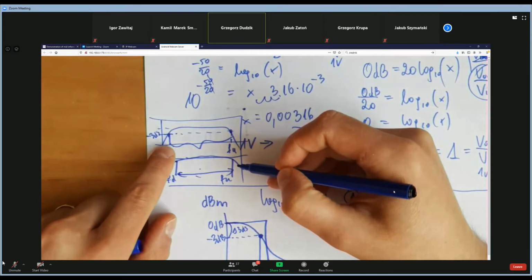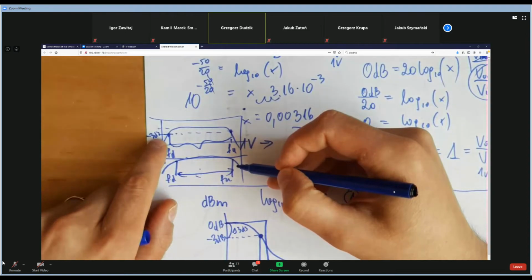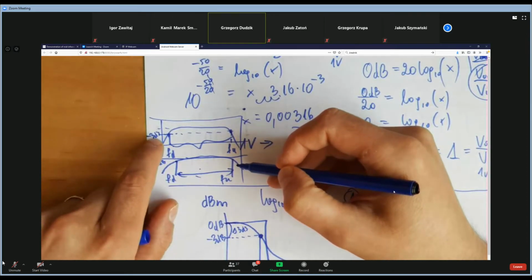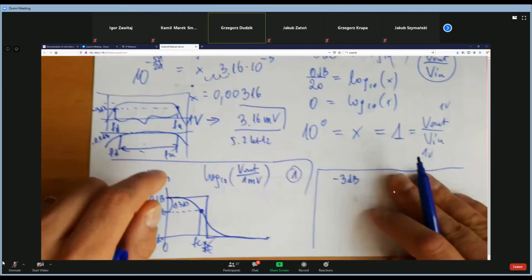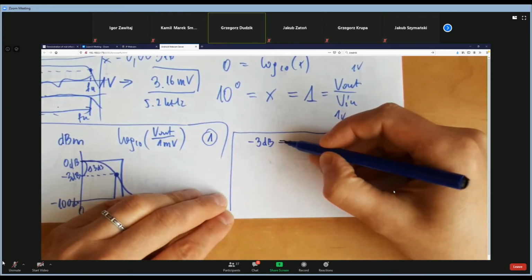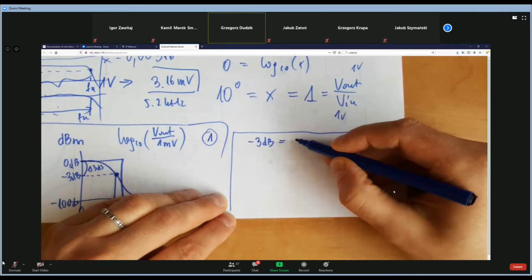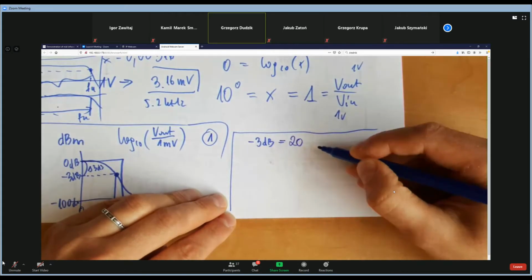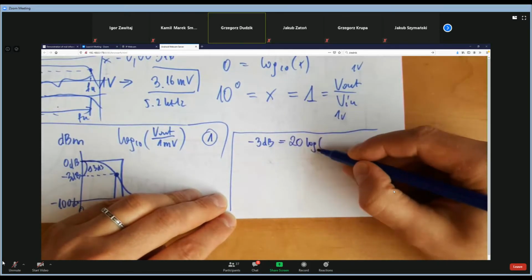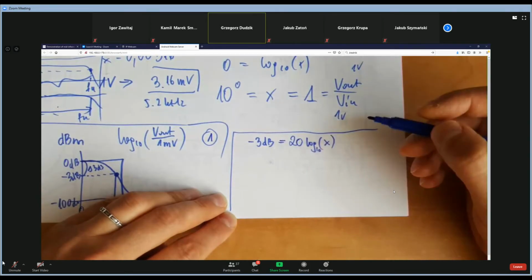Why? Look, we have to calculate how much the signal drops by minus 3 dBs. Let's check it. Minus 3 dBs, for voltages and currents and so on, is 20 log x.